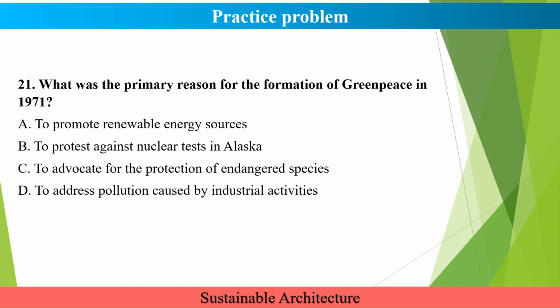Protest against nuclear tests in Alaska. B. Okay, let's wait for the others to answer question number 21, and let them go through each of the options, so then we can come to the conclusion. Elena is giving very fast answers, but let's wait for others.